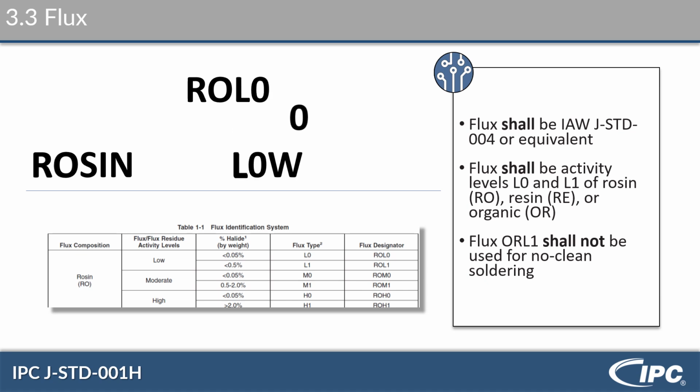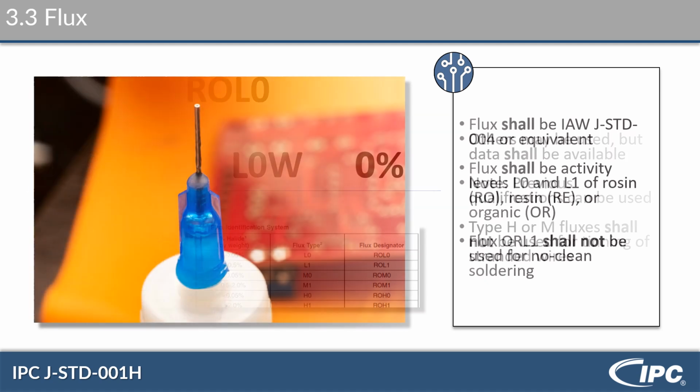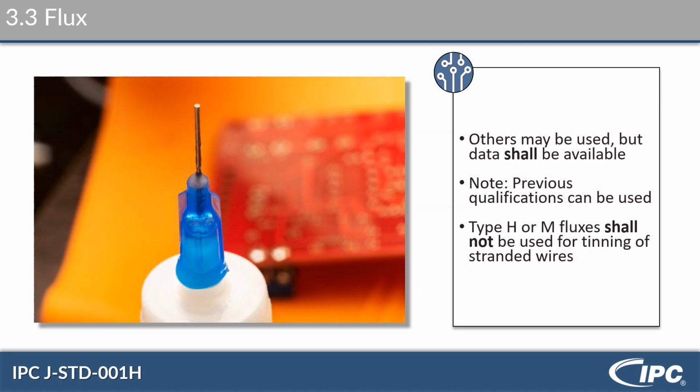So we have rosin, low activity, and then 0%. So that's what ROL0 means. Other fluxes may be used, but data shall be available.